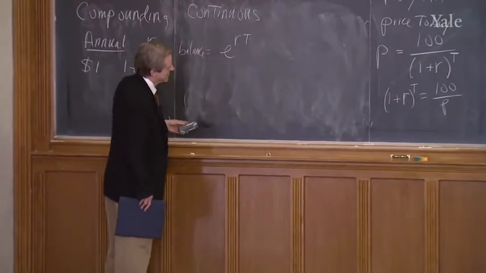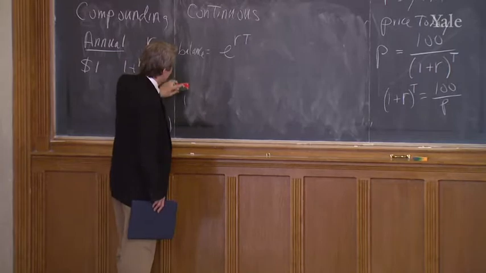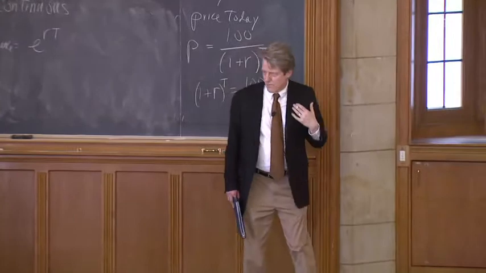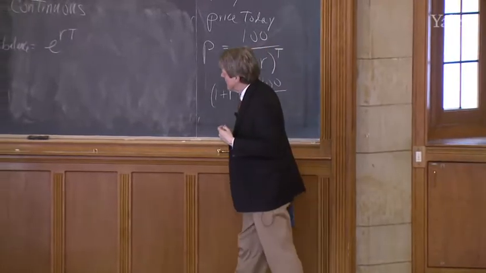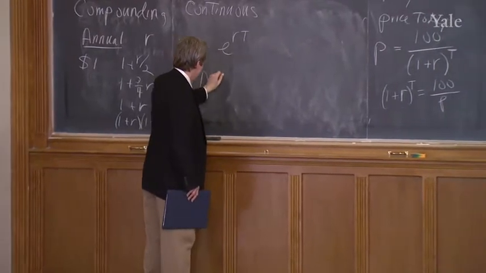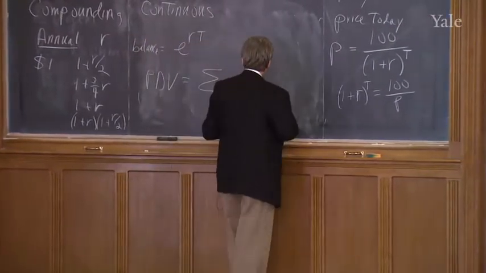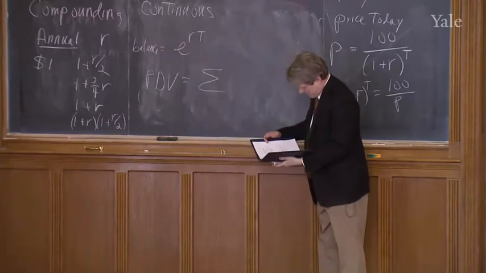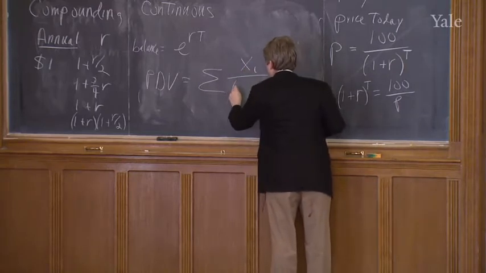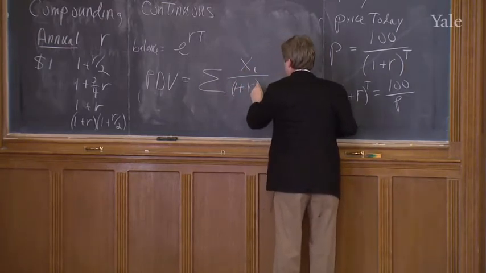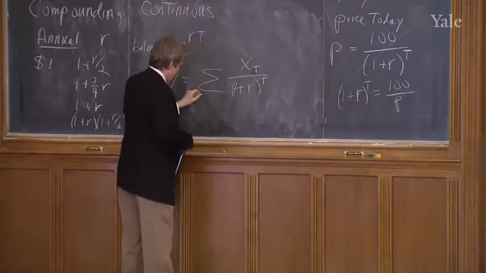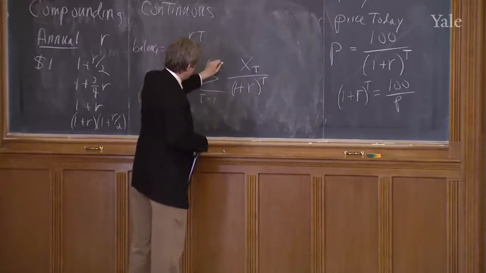If I have a sequence of payments coming in, and suppose they come in once a year, then it would be natural to use annual compounding, and the present discounted value, PDV, is the summation of X sub T all over 1 plus R to the T, from T equals 1 to infinity.